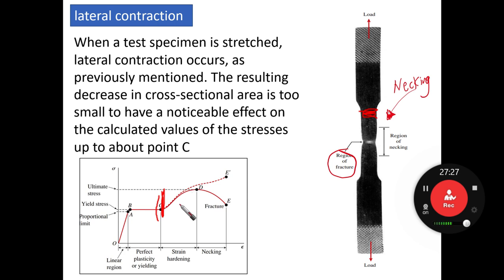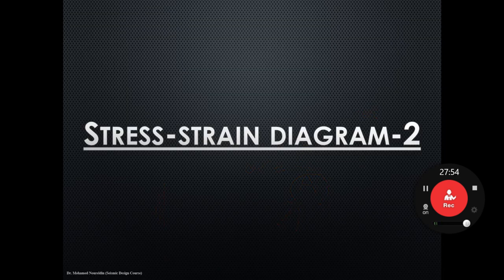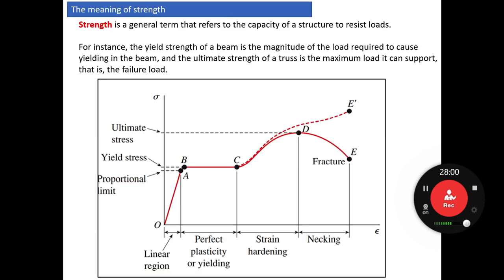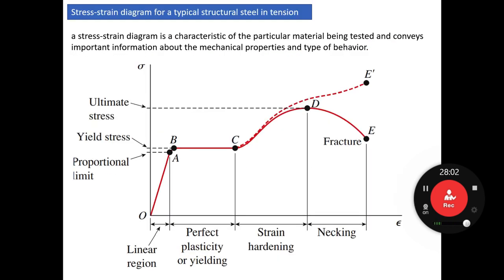So we need to take care of this, because the stress is equal to force over area, and the area starting from point C is going to be smaller than what we are dealing with. This is what we are going to talk about in the next video, which is stress strain diagram 2. So let's recap what I have said in this video.